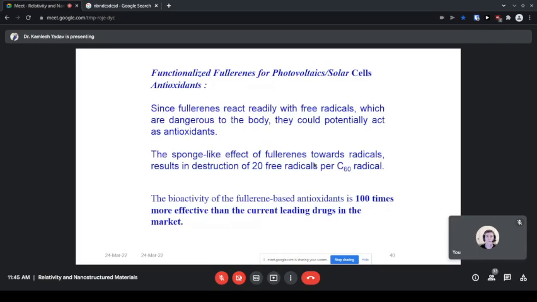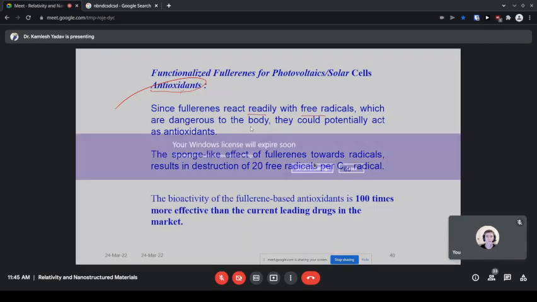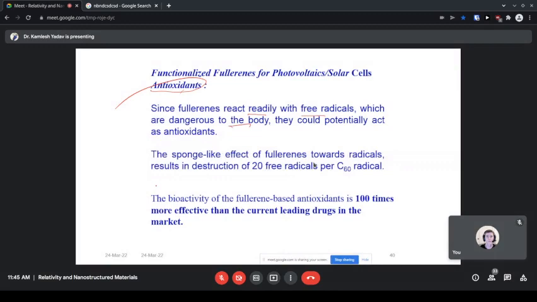Okay, because we can change the property of the fullerene, and even these are very useful as an antioxidant. Okay, because fullerene readily reacts with free radicals, which are dangerous to the body. If you consider the fullerene, then these fullerenes are very reactive. They can easily react with the free radicals.